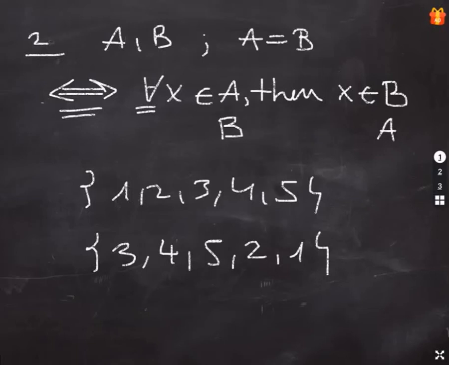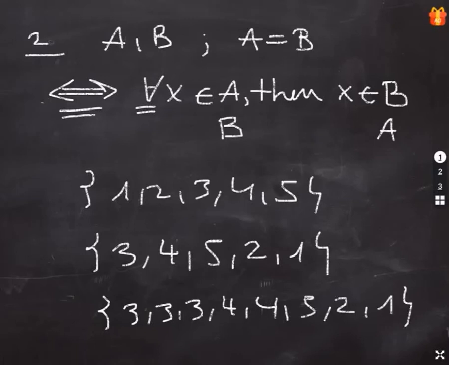And by the way, they are also equal to the set {3, 3, 3, 4, 4, 5, 2, 1}. Why is that? Because the repetition is irrelevant. It does not change the status of the elements in the set.